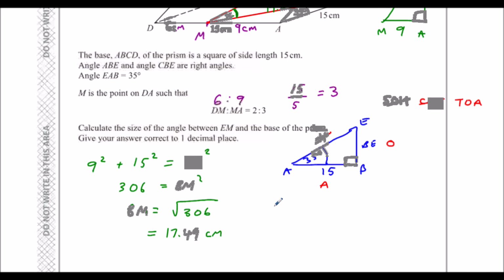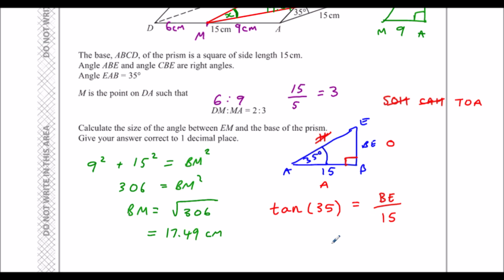So we have tan 35 equals opposite, which is what we're working out, over adjacent, which is 15. We want BE by itself, so we're going to multiply both sides by 15.